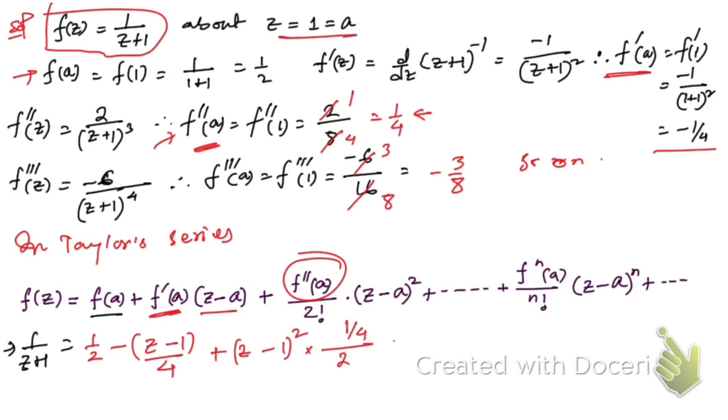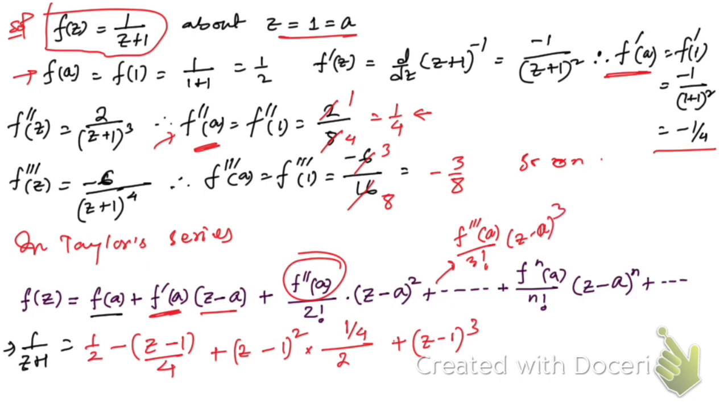So similarly we're going to get z minus 1 whole to the power 3, after this next term is going to be the third order derivative at z is equal to a, by factorial 3 into z minus a whole to the power 3.